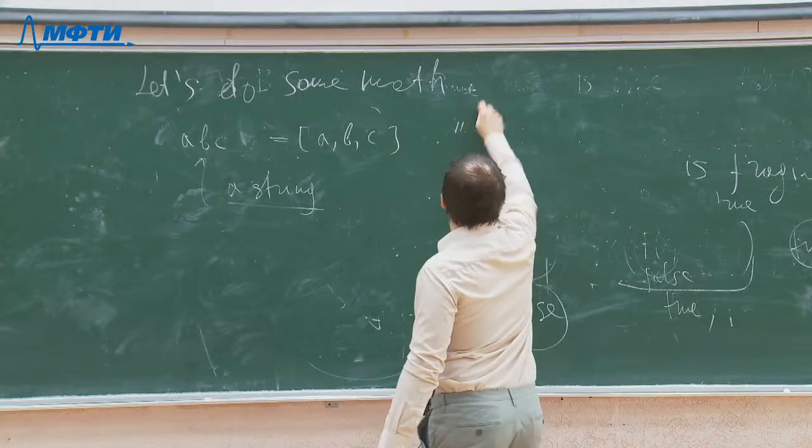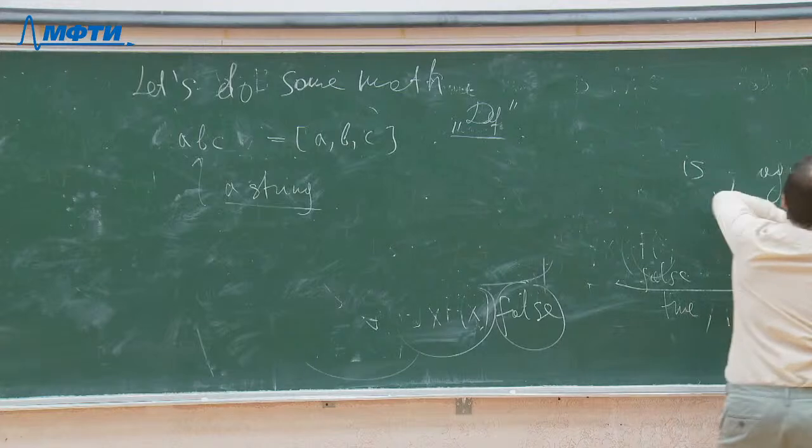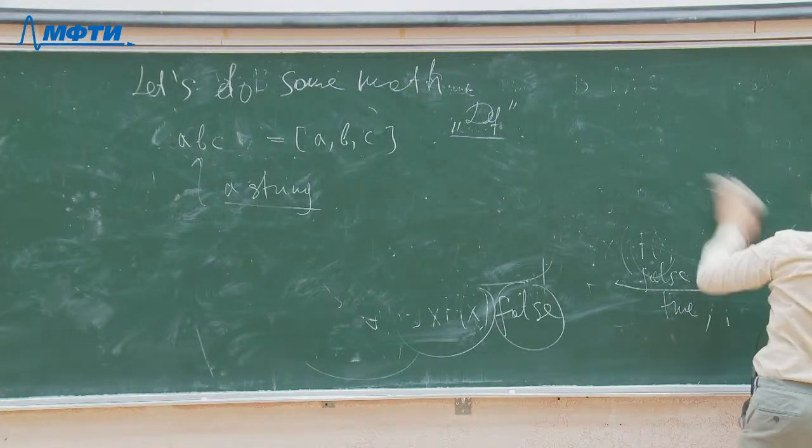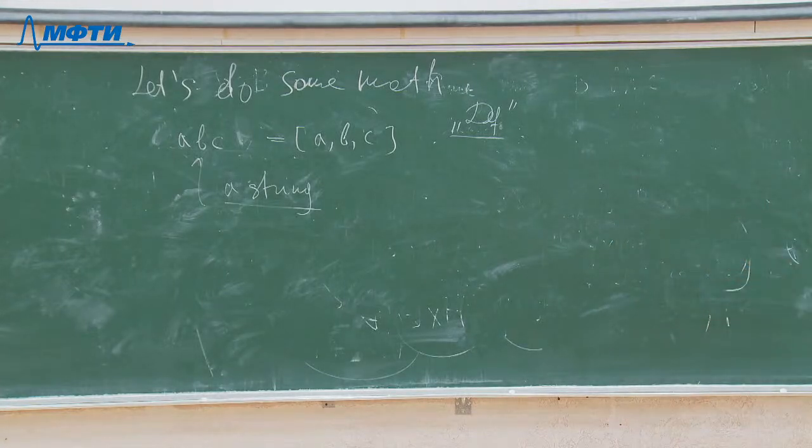So what is a string? Informally, so another definition in quotation marks, it is not as rigorous as it would be in general in mathematics.